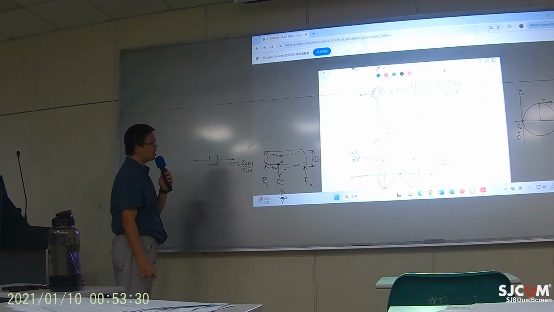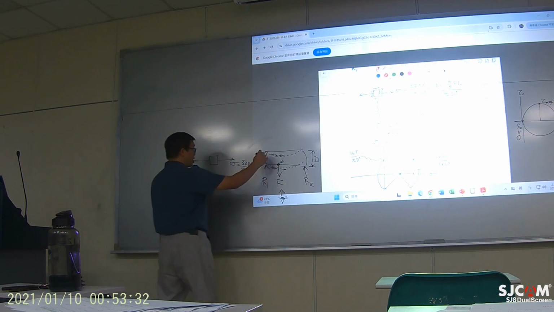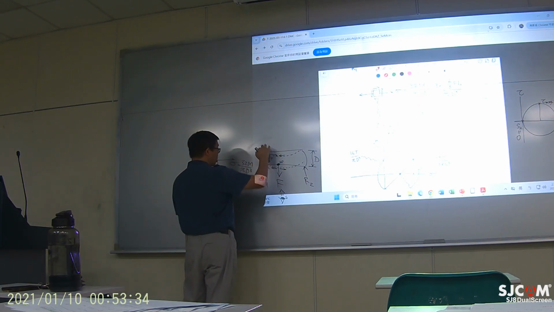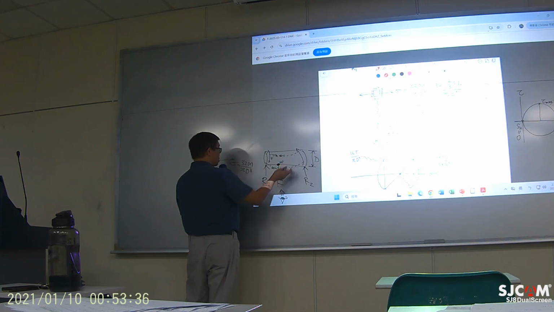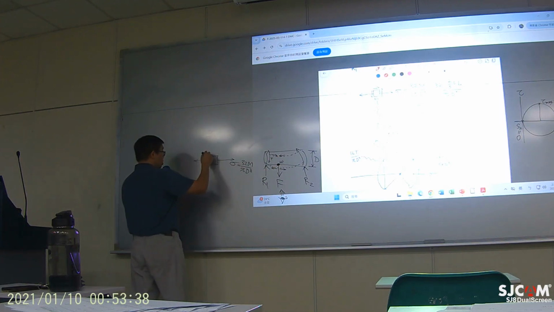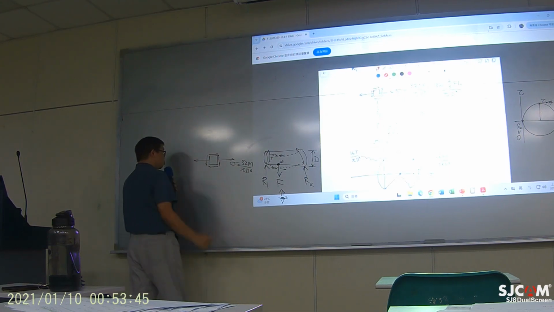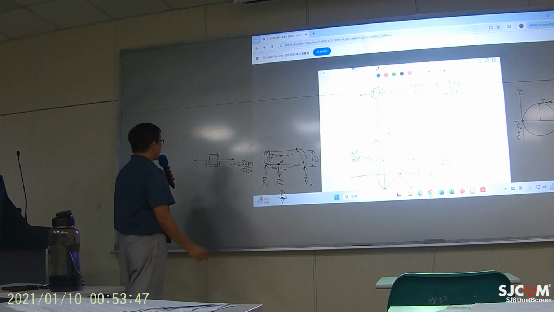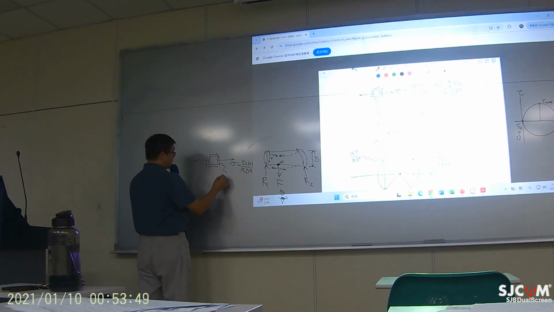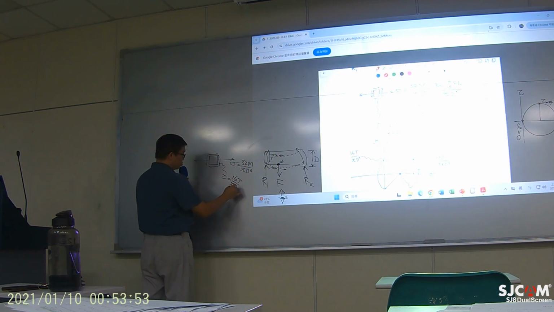And then, as I mentioned, there is a torque right here, being twisted. So there will be torsion. There will be shear stress like this due to the torque. And the shear stress equals 16 T over pi d cubed.